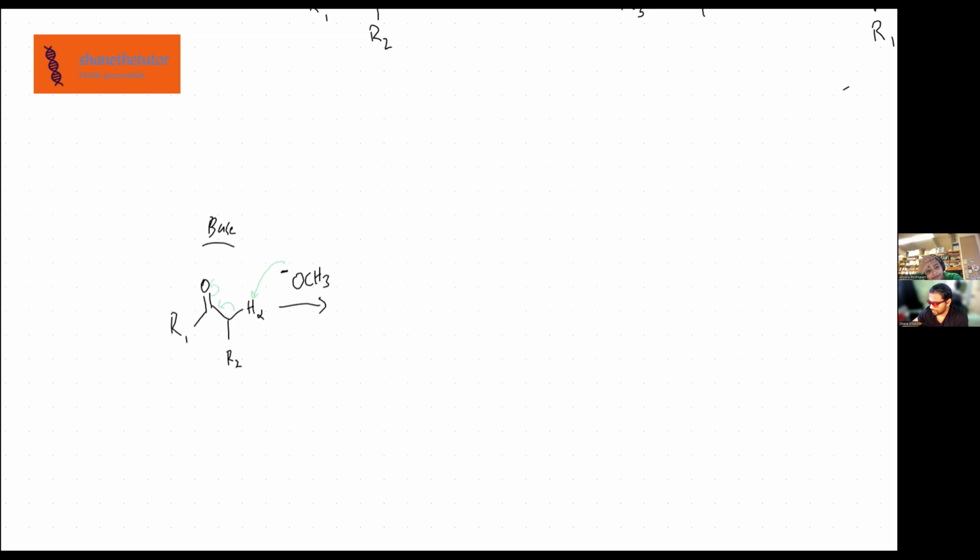Okay, right? And then you'll see something like this, with that double bond here. Now this is called the enolate.